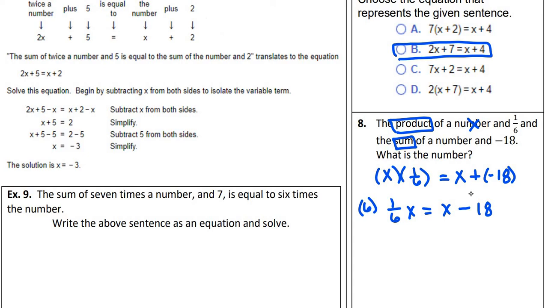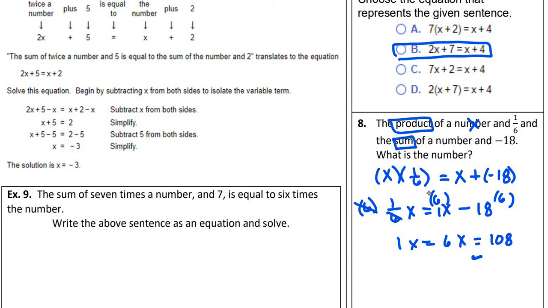We're going to get rid of the denominator, which is 6, and multiply all the way across. So 6 times 1/6 is 1, or you could say this cancels out and I have 1x equals 6x, because there's an understood 1 right here. 6 times 1 is 6x. And then 18 times 6 will give you 108.